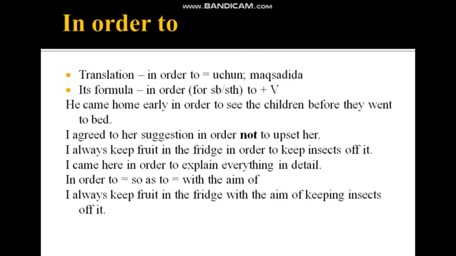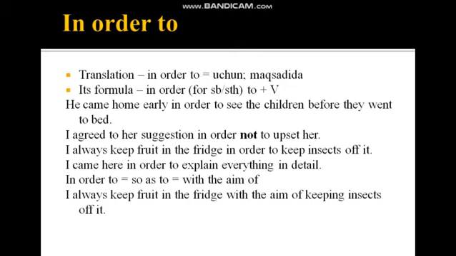I always keep fruit in the fridge with the aim of keeping insects off it. See, guys, that sounds okay, but anyway, just learn first of all those words that native speakers use most commonly, most frequently.